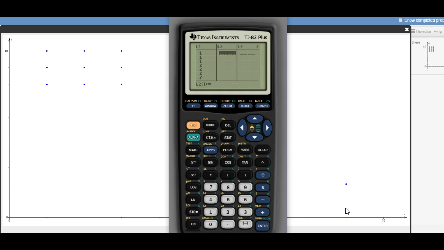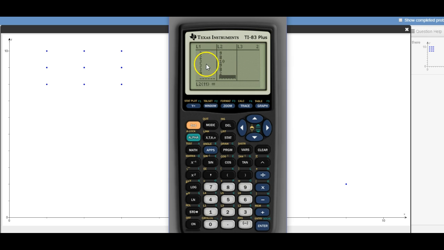Then we go over to the y's. For the 1's, I have a 10, a 9, and an 8. A 10, 9, 8 with the 2's, and then a 10, 9, 8 with the 3's. And then this 9 right here has a height of 2.